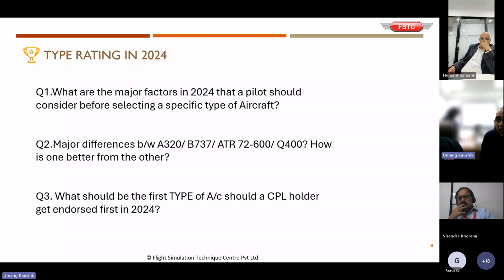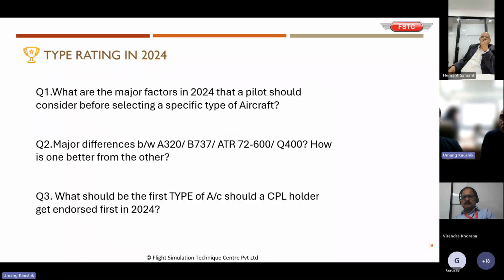Whenever you join the airlines, your seniority depends on the date of joining for all the goodies that come later on. Because initially you become a first officer, thereafter you become a captain, you become a TRI, you become a designated examiner, you get into management. So the earlier you get in, the earlier you are in the queue. Freedom is yours.